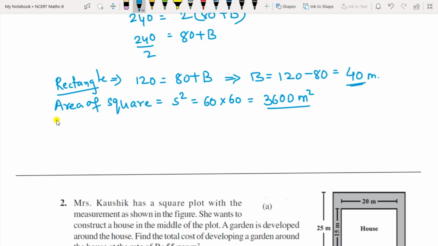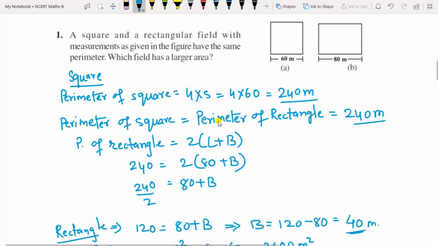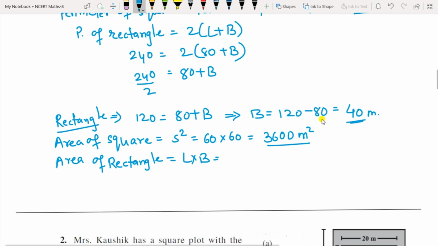This is the area of square, and area of rectangle is L into B, L is here 80 and breadth just now you found out as 40. So 80 into 40, that 8 4s is 3200 meters square. Now you can see clearly that area of square is greater than area of rectangle here.